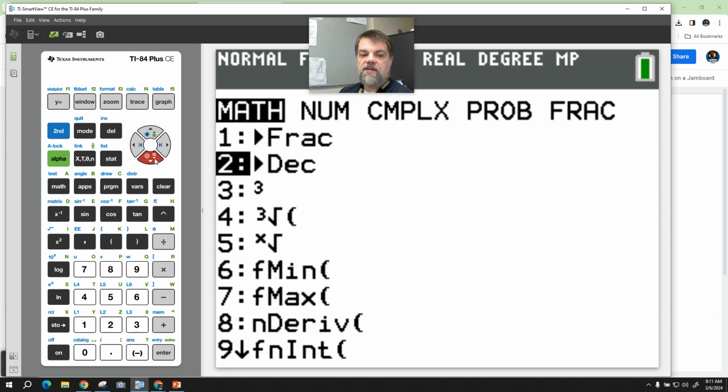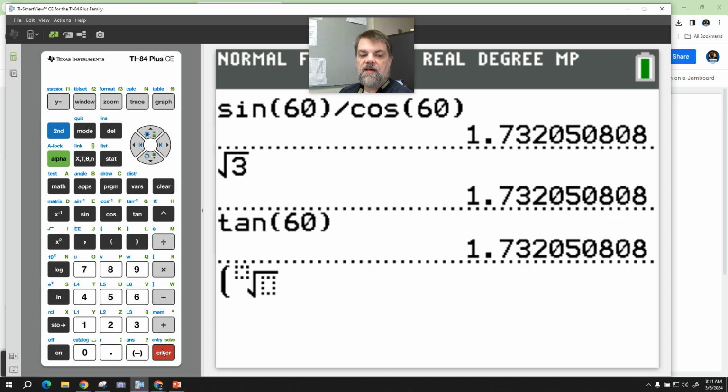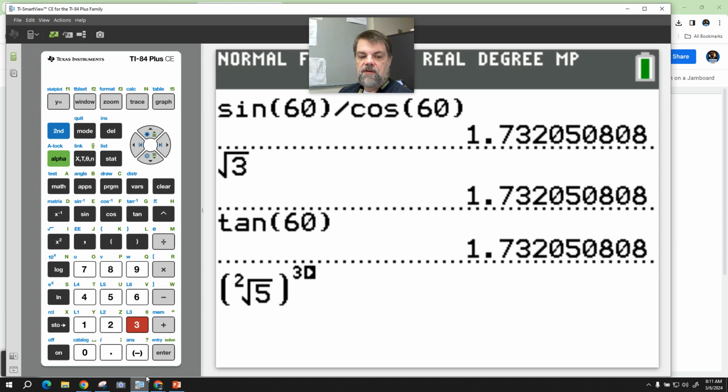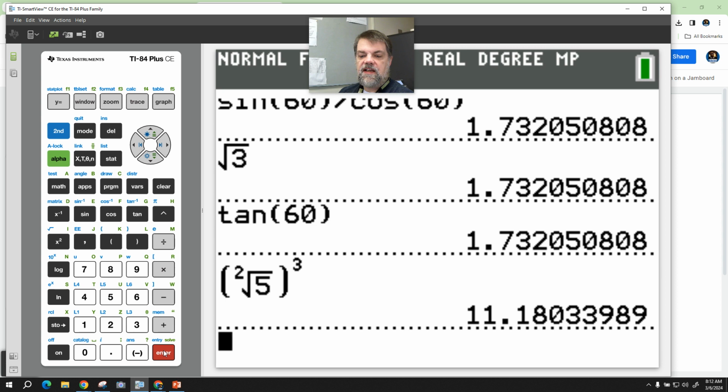And I scroll down here and hit enter. Now technically a 2 goes here. And then a 5 goes here. Hit the cursor to go outside. And then we raise that to the third power, right? Is that right? Did I do that right? Yeah. Okay.